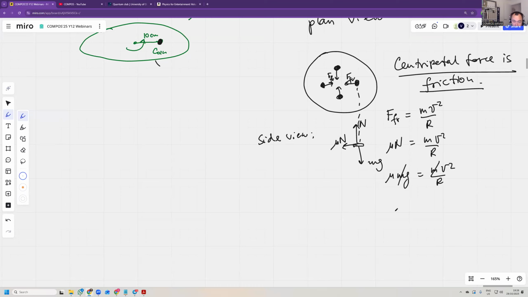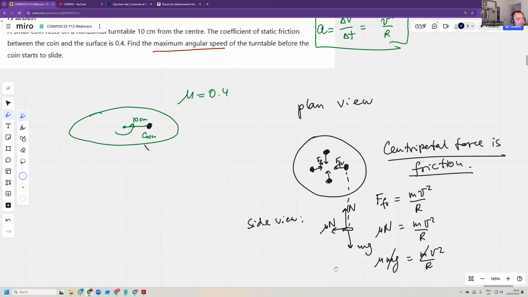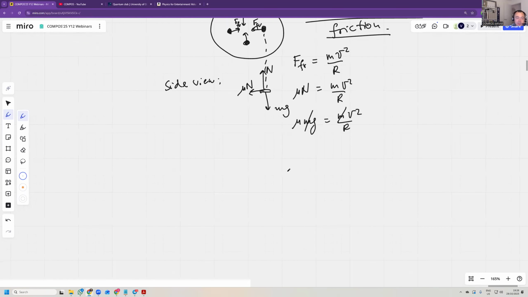Therefore, of course, it says maximum angular speed. So not speed, maximum angular speed. So mu g equals omega squared r squared over r. So mu g equals omega squared r. So omega max is the square root of mu g divided by r.